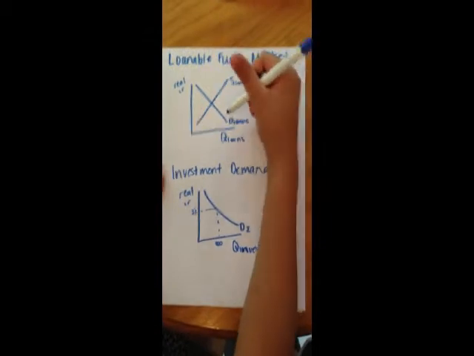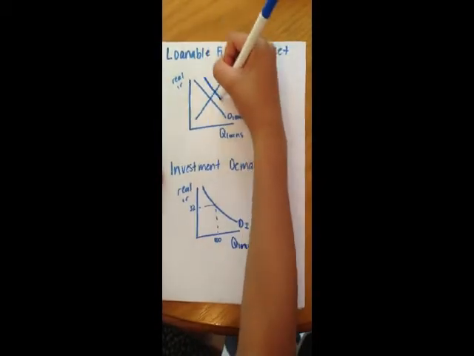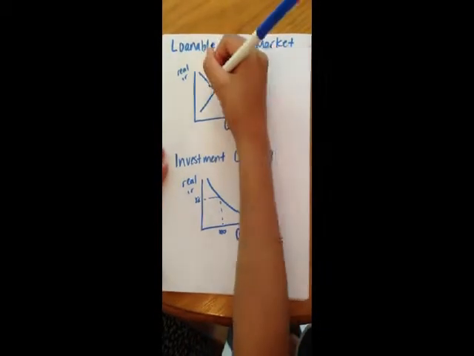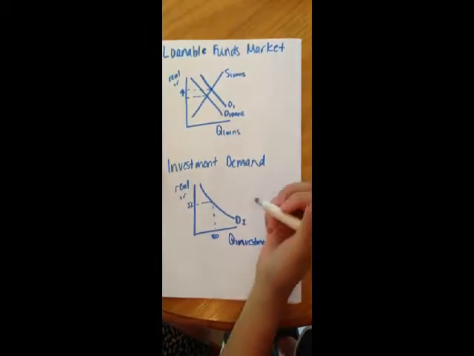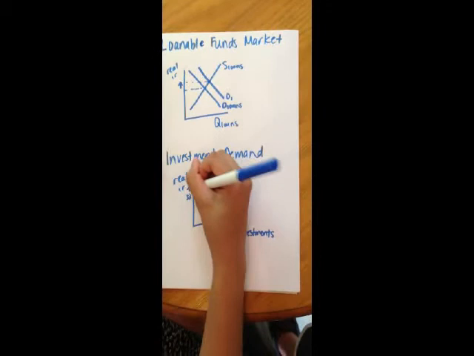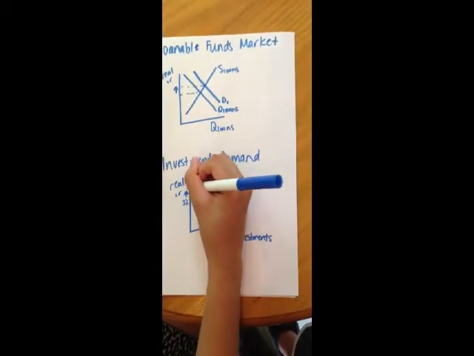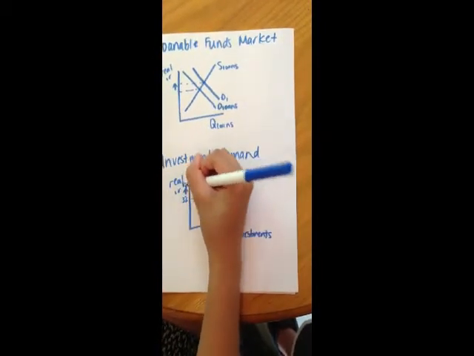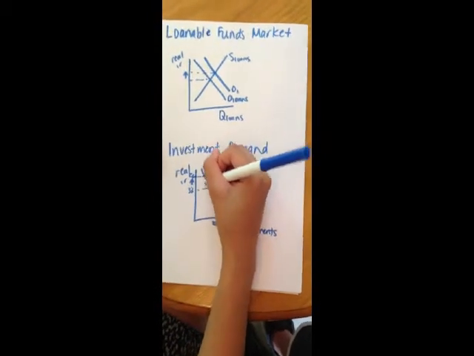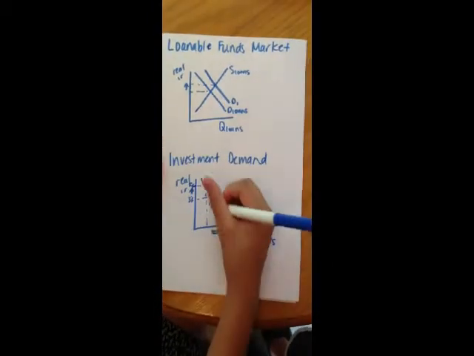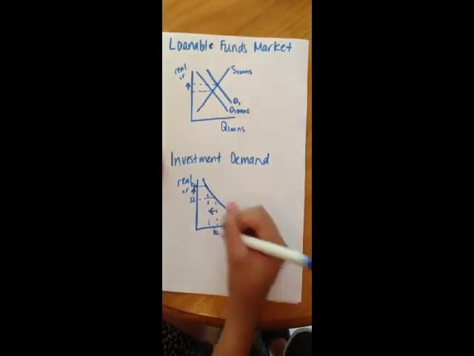Now when demand for loans increases, your real interest rates increase. So on this curve, when real interest rates increase to say 5%, the quantity of investments decreases.